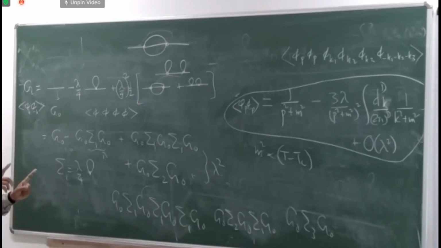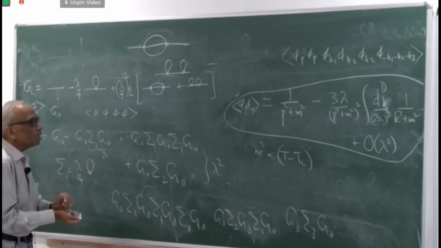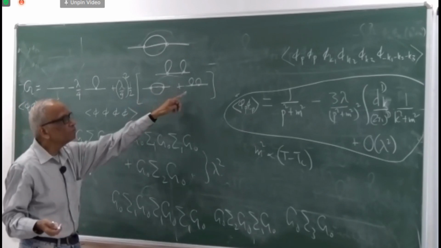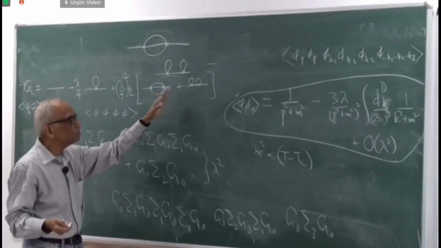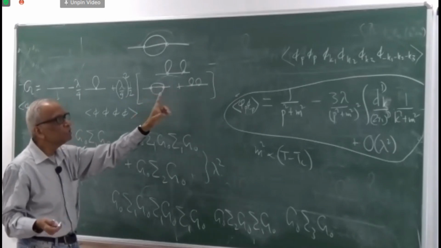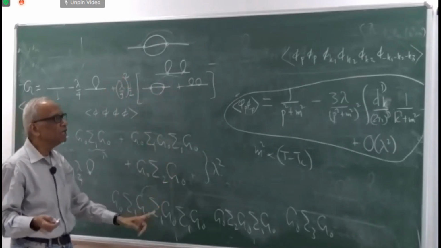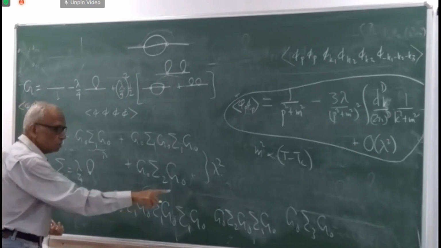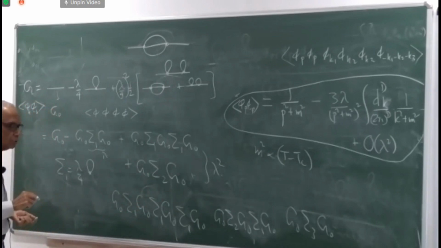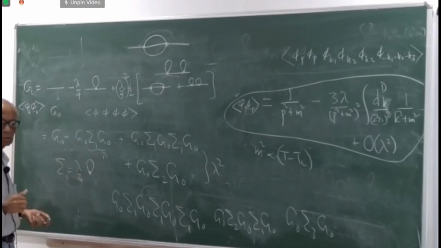So at every order, there will be diagrams which are a combination of reducible and irreducible. Reducible is when I can draw an imaginary line and disconnect the two. And every reducible is a GP series.